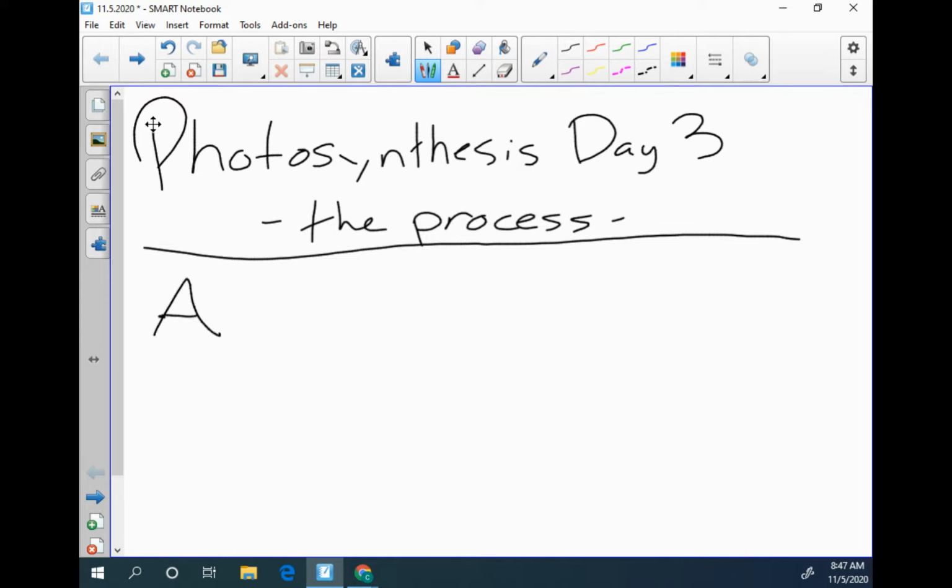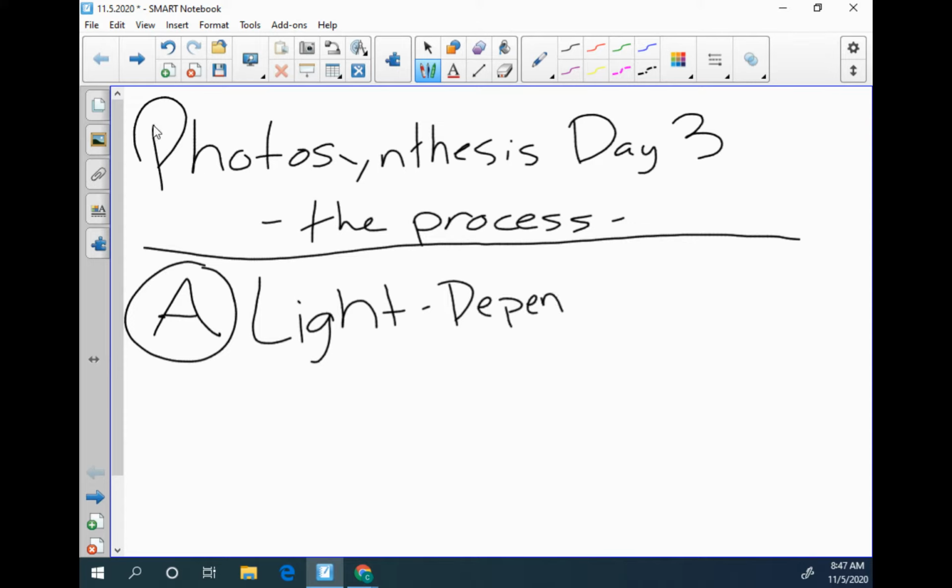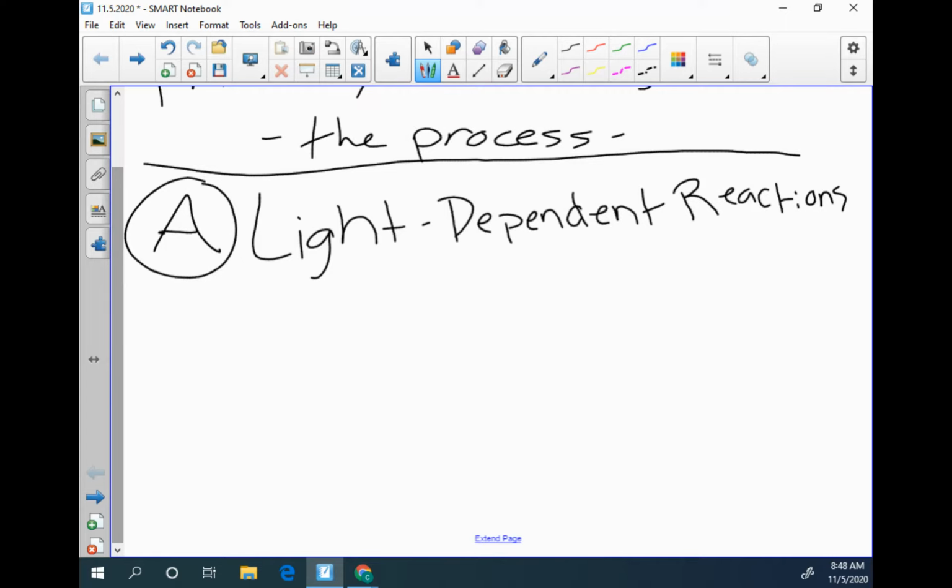So A is the light dependent reaction. In our light dependent reactions, we use energy from the sun to produce oxygen and convert ADP and NADP plus into ATP and NADPH.